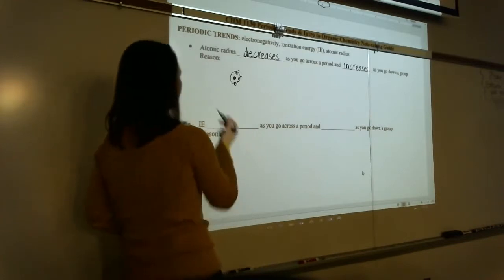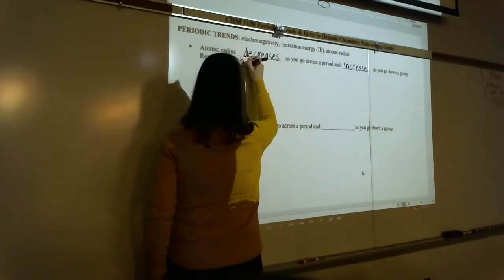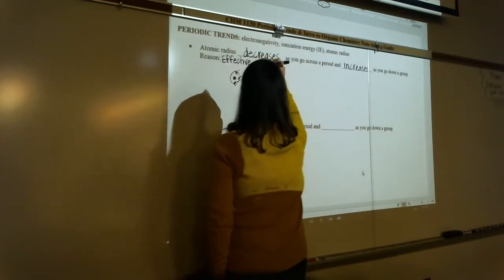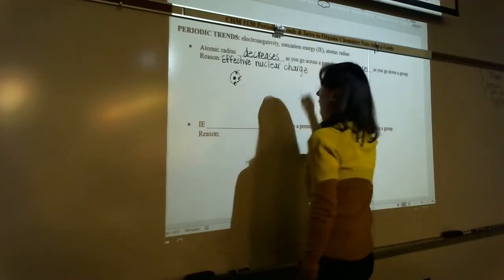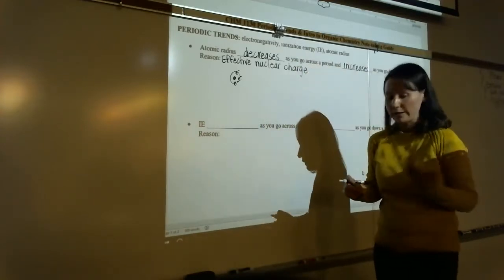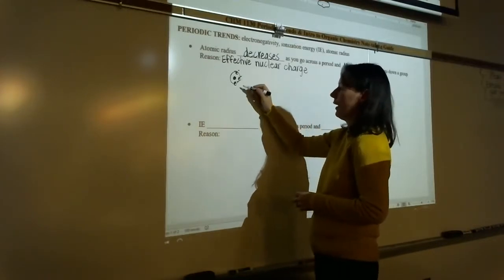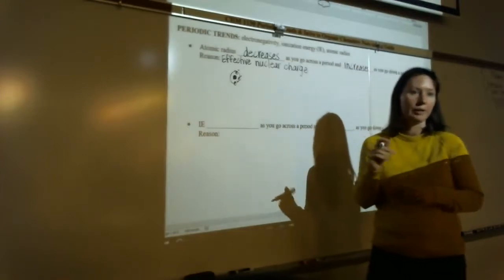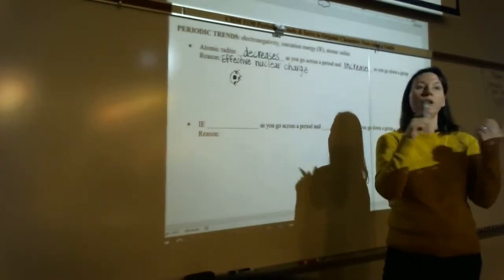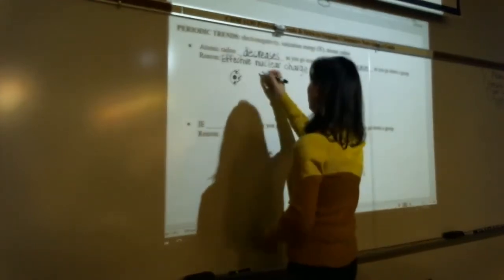All right, so the reason for this is called effective nuclear charge. That's what we call that, okay? Effective nuclear charge. As you go across the row, you have more electrons, but you also have a greater charge on the nucleus, right? Because you're increasing number of electrons, you're also increasing number of protons. So what does effective nuclear charge tell us?